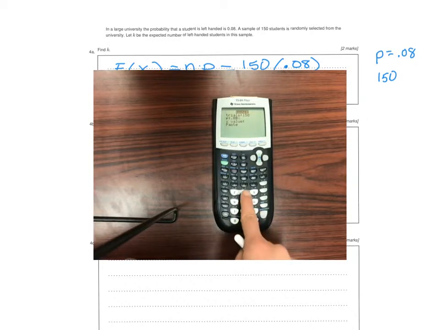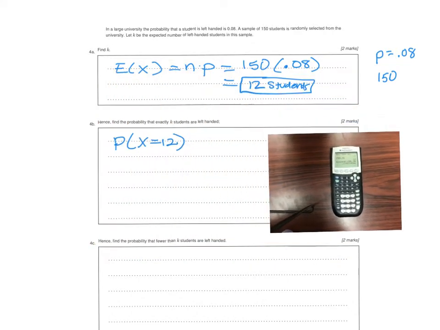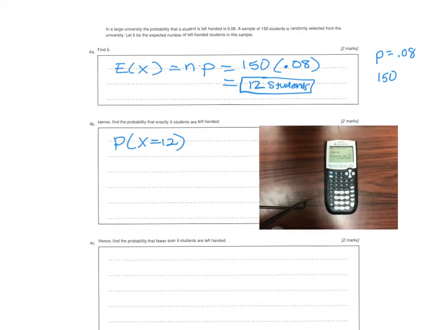We know the probability that one person is left-handed is 0.08. And then X value is 12, the probability of X equals 12. We're going to hit enter, and there's our answer. So that gives us 0.119.